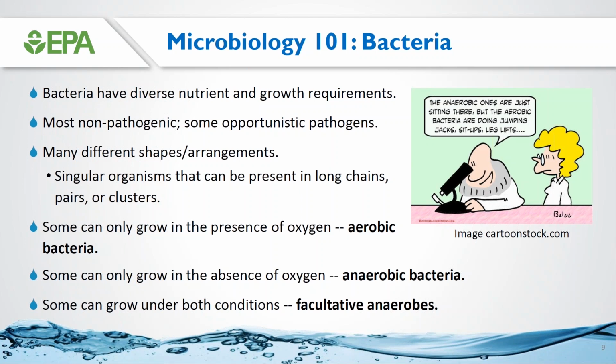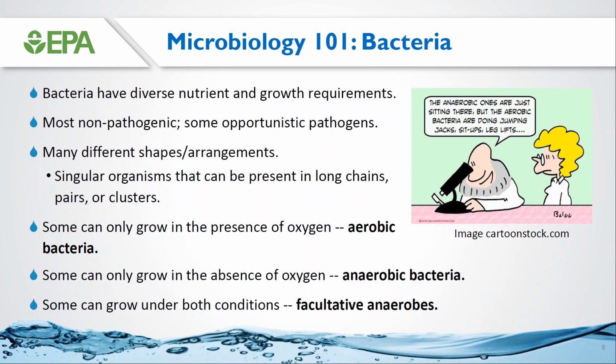So the very first part of my talk, I'm going to deal with bacteria. Bacteria represent a very diverse group of organisms. Most are non-pathogenic. However, there are some bacteria that are frank pathogens and others that are opportunistic pathogens. What do I mean when I say frank pathogen versus opportunistic?